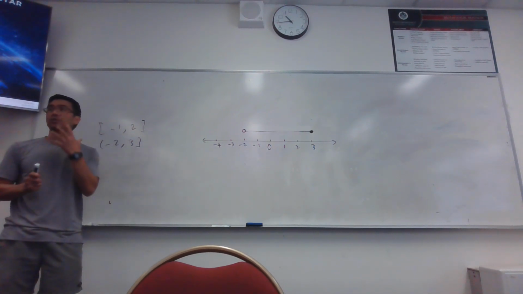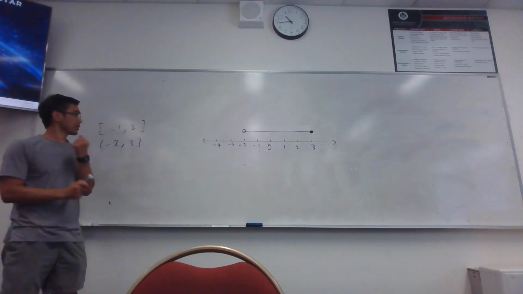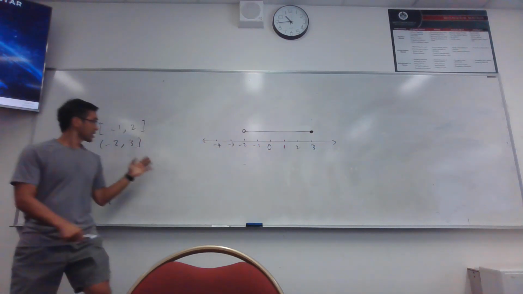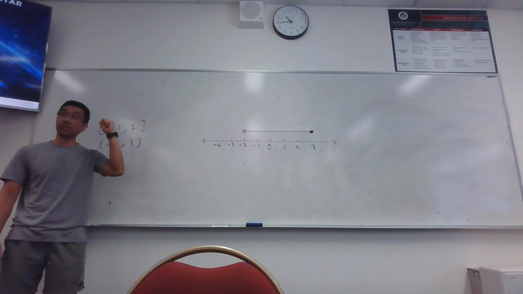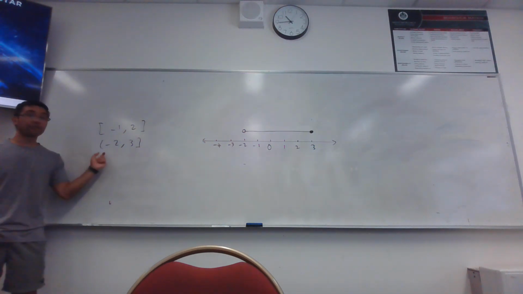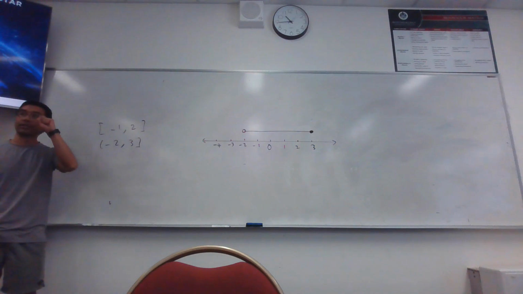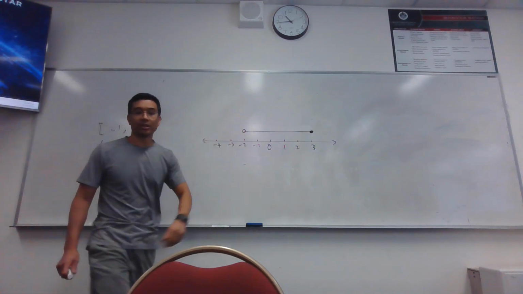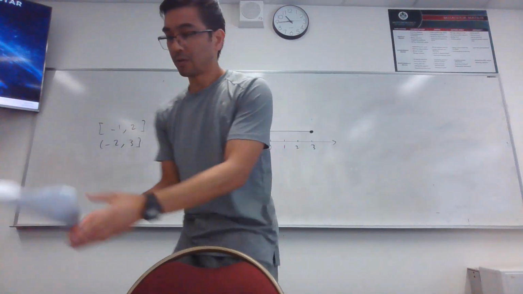If we want the numbers from -2 to 3, we have our line. The square bracket says we're hanging on to the 3 because we want it. The curved bracket means we don't want it, so we release it, and it creates an empty circle.